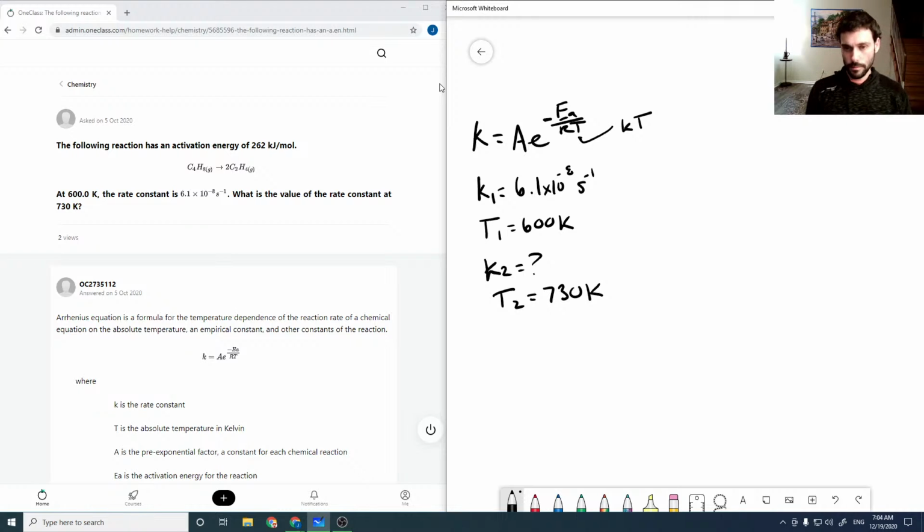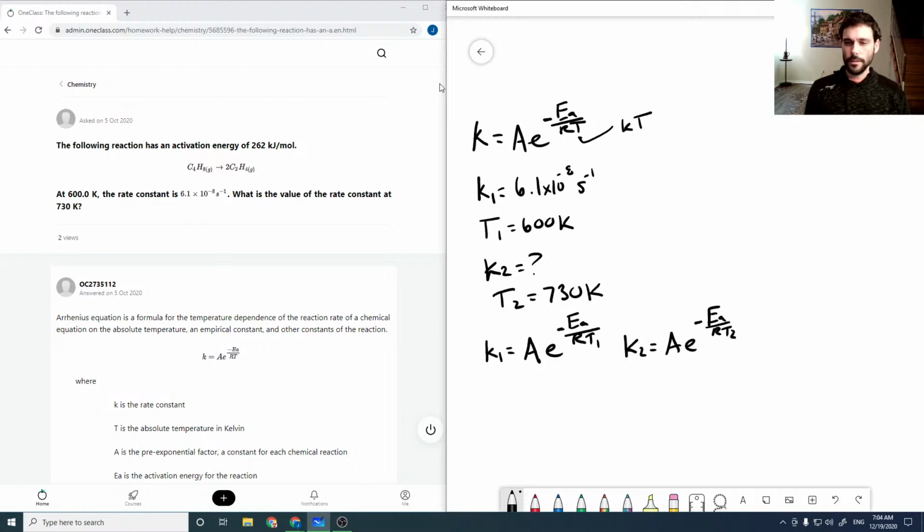So if we write this out, we have k1 is equal to A e to the minus Ea over RT1, and k2 is equal to A e to the minus Ea over RT2.